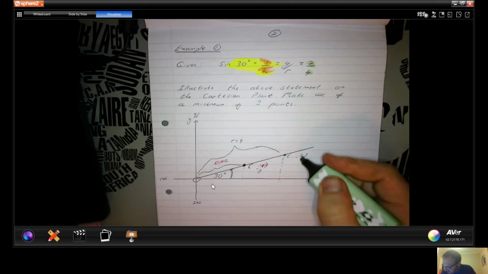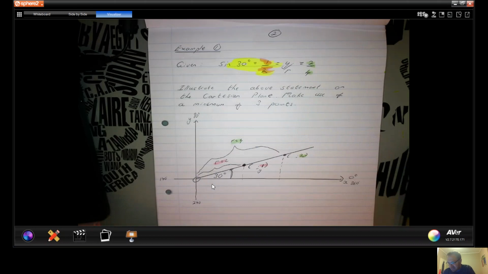That's also illustrating the fact that sine of 30 is 2 over 4. Sine of 30 is 1 over 2. They're the same thing. Those ratios are staying fixed. Sine is a ratio of y over r.